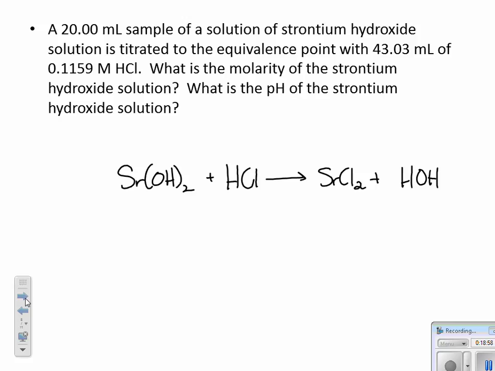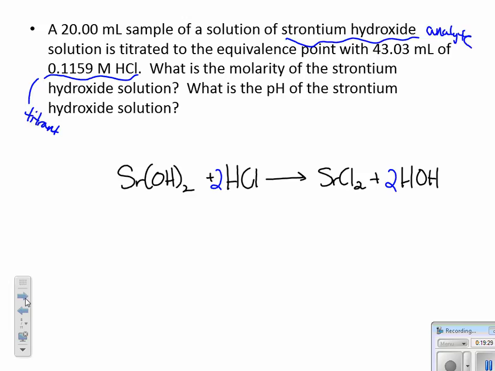And then we have to balance this equation with the 2 and a 2. Read the problem and determine your analyte and your titrant. We know the concentration of the hydrochloric acid, so this is our titrant, which means the base this time is our analyte.